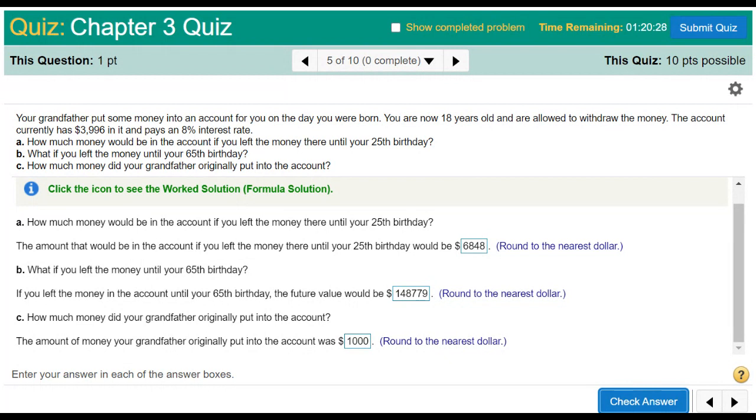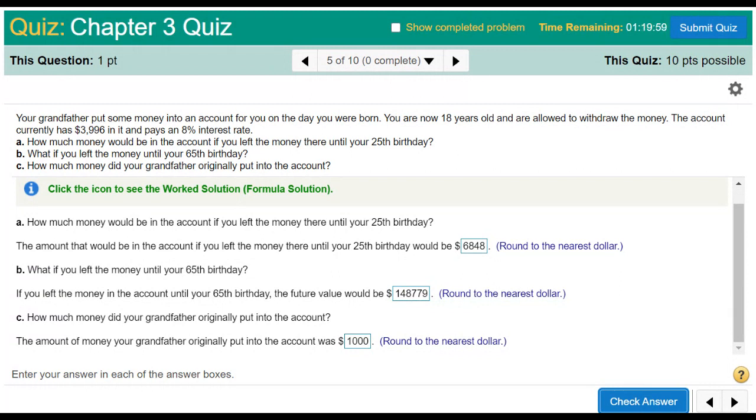Now we want to know what the original investment was. What did Grandpa start with? What was the original amount? So remember now he's 18. So N equals 18. We're calculating for the original amount.